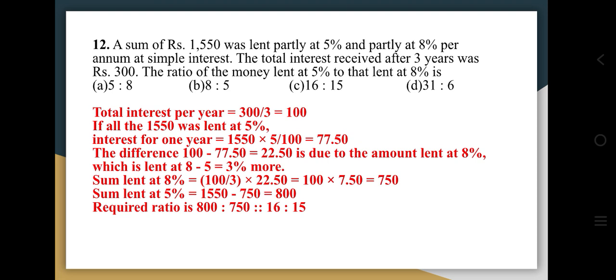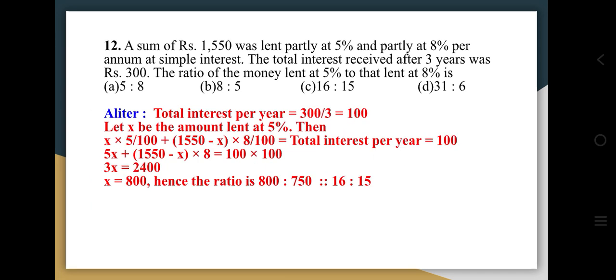Or we can do it the other way, taking one amount as x. Suppose the total interest per year is 300 divided by 3, that is 100. Let x be the amount lent at 5%. Then the total interest received for 1 year is x into 5 by 100 plus the remaining amount, 1550 minus x, into 8 by 100.